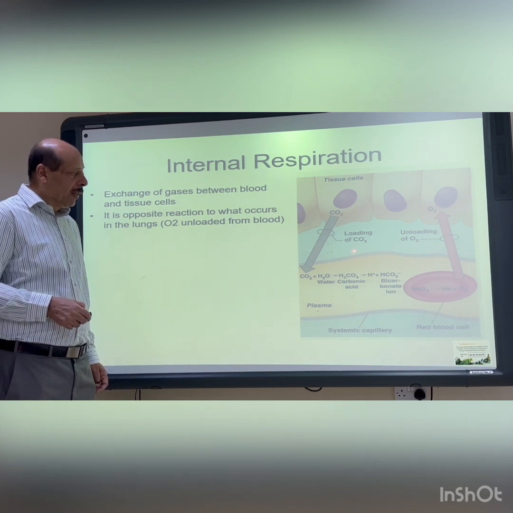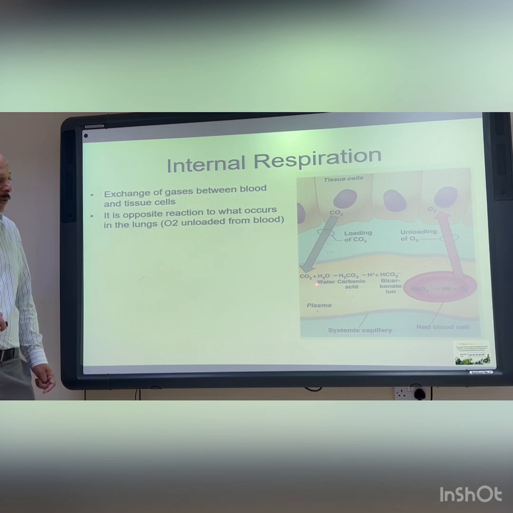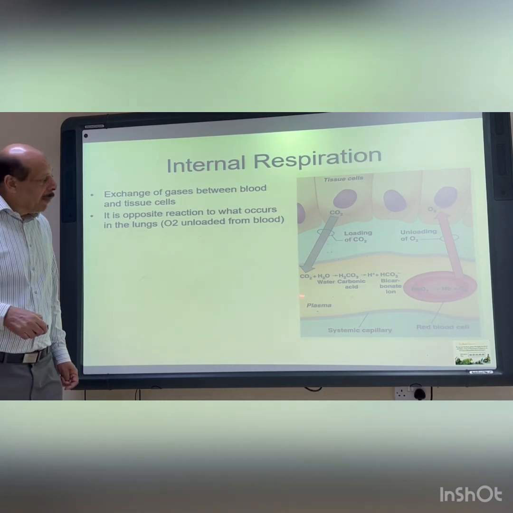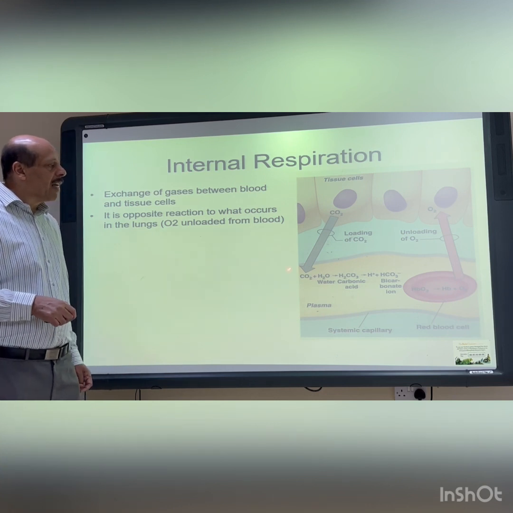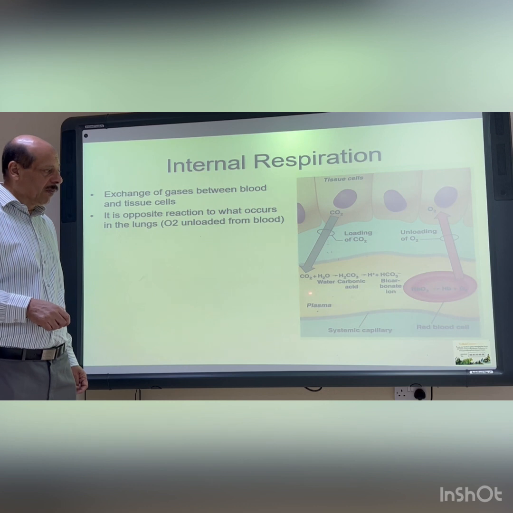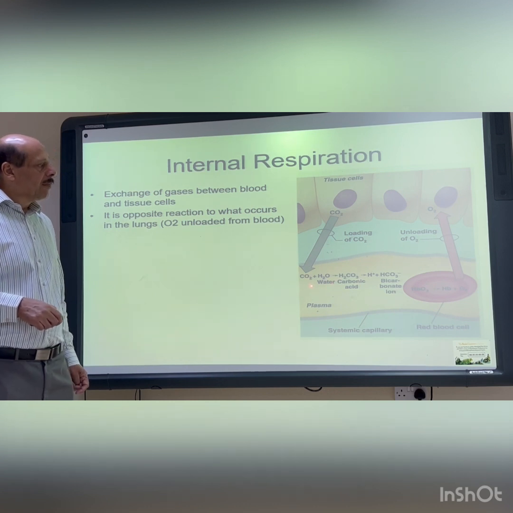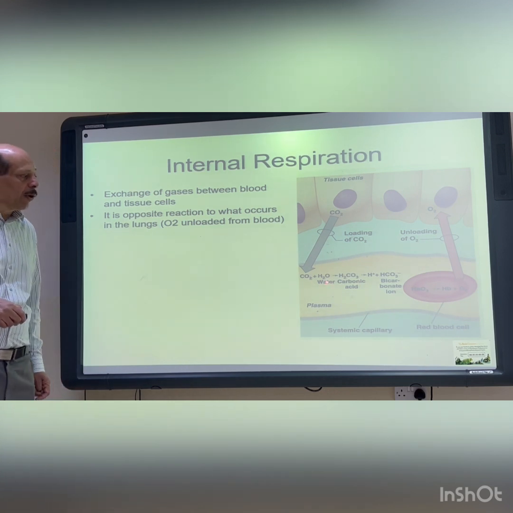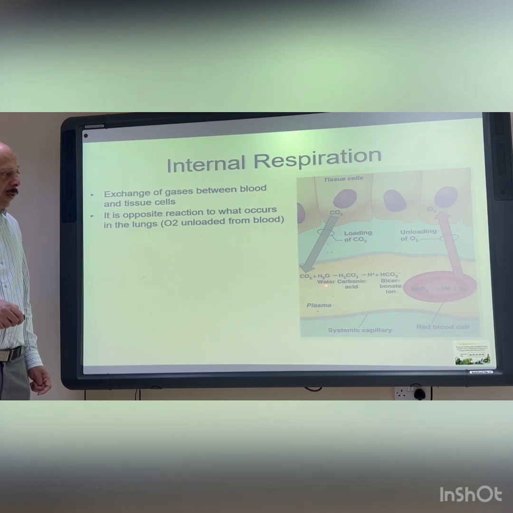So as we said, in the plasma, the carbon dioxide is mostly carried as bicarbonate. CO2 plus water leads to carbonic acid, and carbonic acid gives hydrogen ions and bicarbonate.